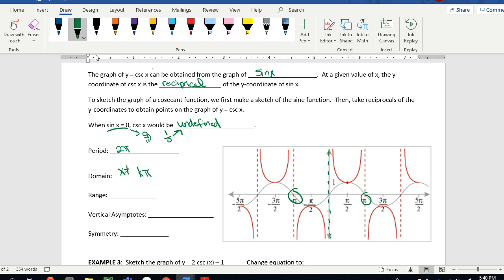The range is going to be, notice I just went over it and you can't see it anymore, but this said -1 right there. So the height of this, remember the sine graph goes to positive and -1. So it's going to be negative infinity up to -1.